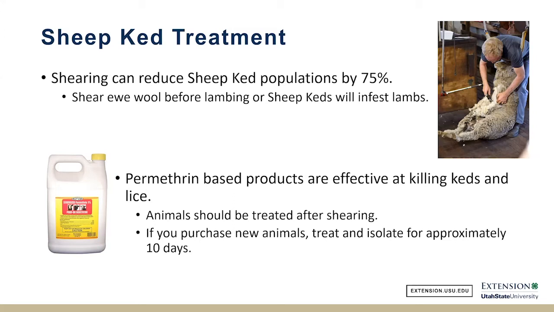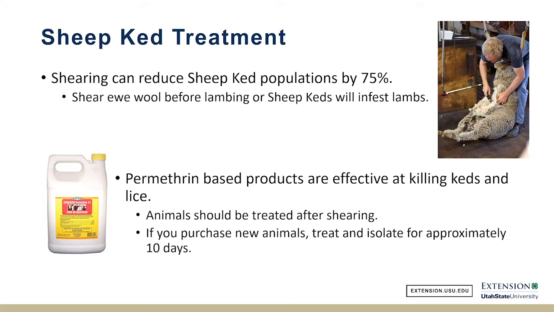And if you get that wool off the ewe prior to her lambing, this reduces the chance of that ewe passing some of those parasites off to her lamb and ultimately infecting her lamb with the same parasite she was holding. So right after we shear our ewes, and we're generally shearing them in late pregnancy, we want to treat them with some kind of pour-on permethrin-based drug that kills these different parasites.